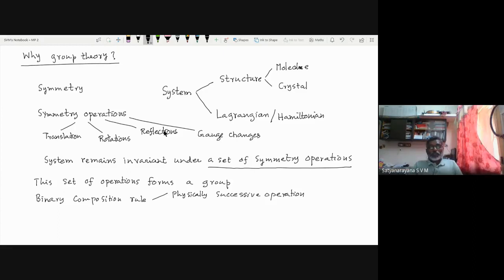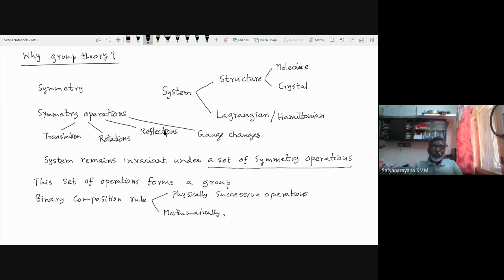Okay, so physically, successive operations is basically the composition rule. Now, mathematically, a symmetry operation will be represented by a mathematical quantity, right? Suppose it is a rotation, it may be represented by a rotation matrix.